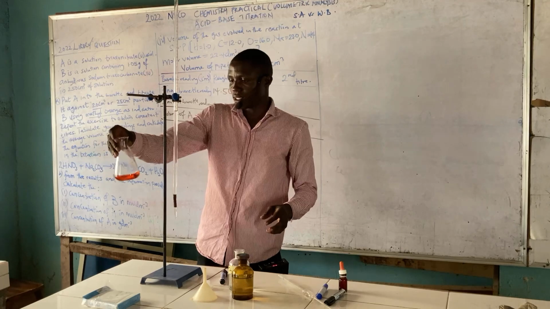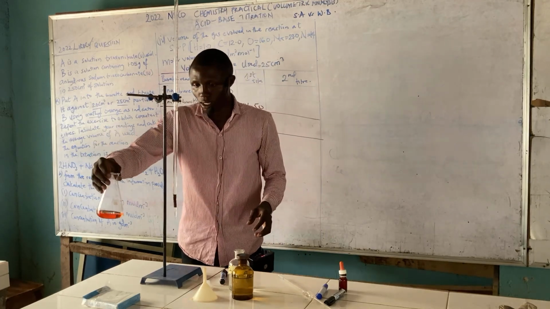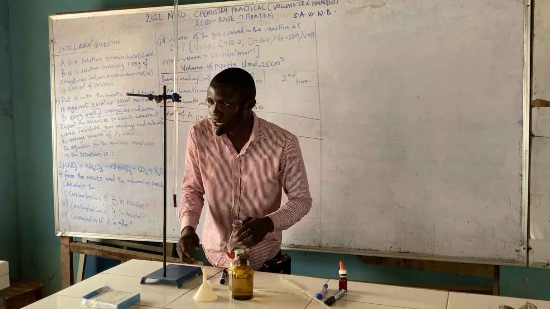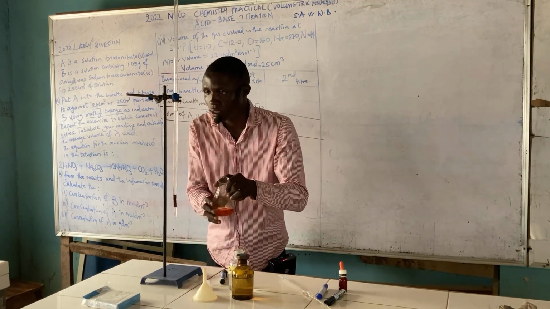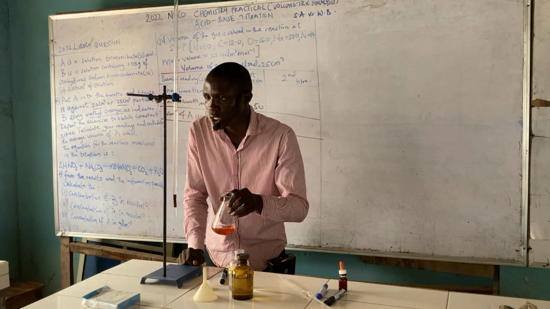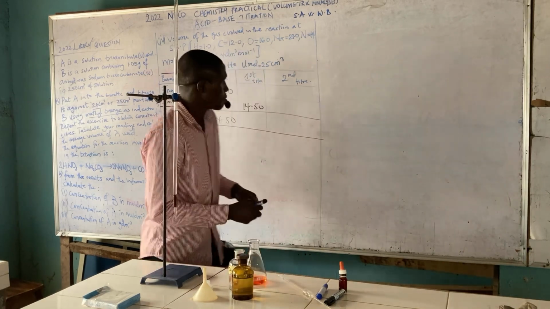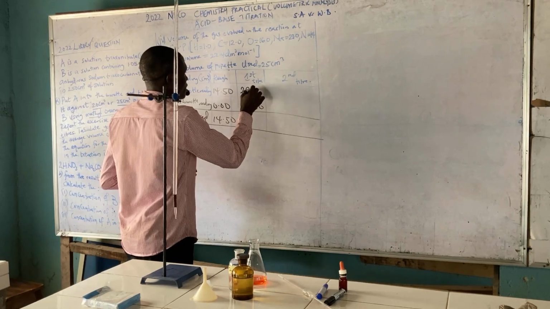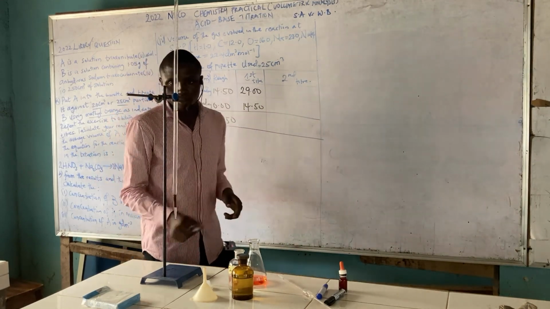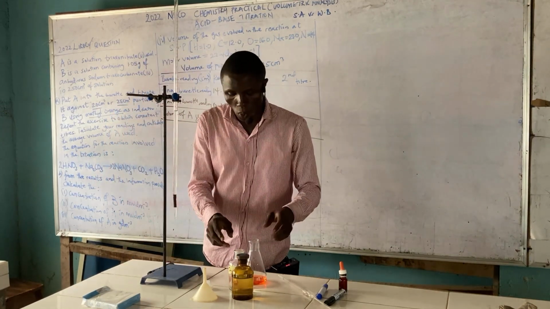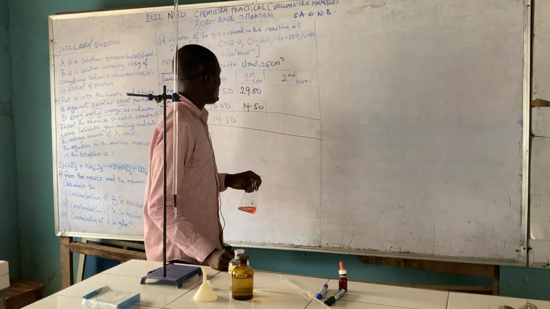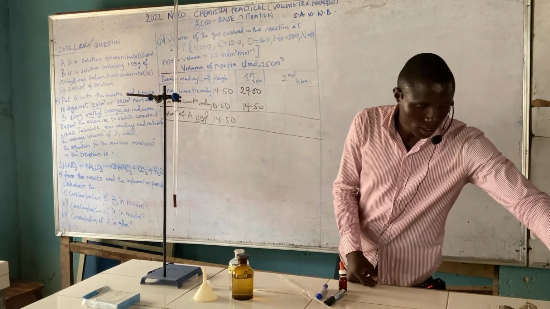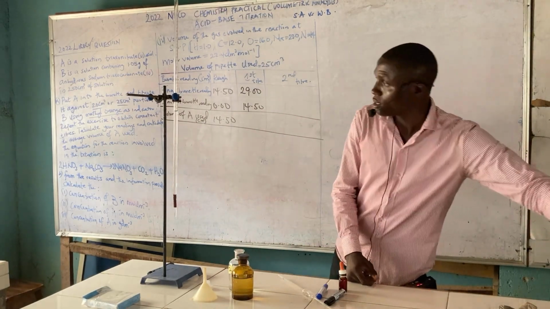So this is 29.0, 29.0. So now with that, let's run the third analysis.